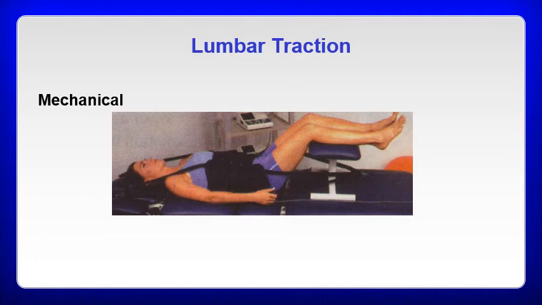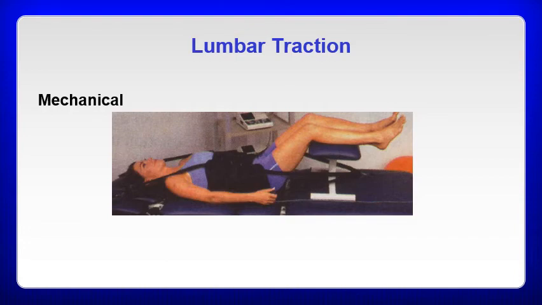As far as positioning goes, I would just say you really want to position them based on what's comfortable for them. But typically, people that have facet hypomobility and narrowed intervertebral foramen problems are going to respond better to the patient being supine and in some flexion, like you're seeing in this picture.